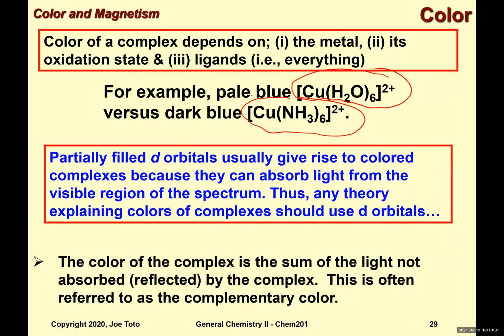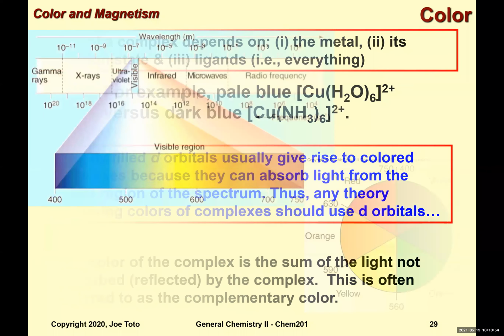We know that it must have something to do with the partially filled d orbitals and electronic transitions, because we saw that in atomic transitions, you know, how light was absorbed and then light was given off. So we're going to just take a quick look at what light is again.